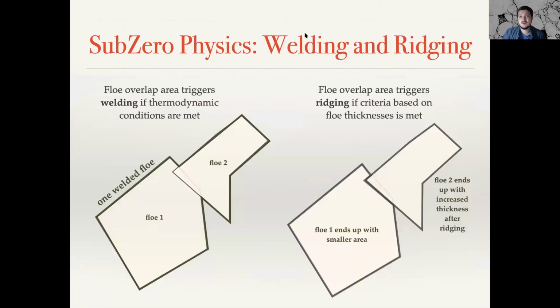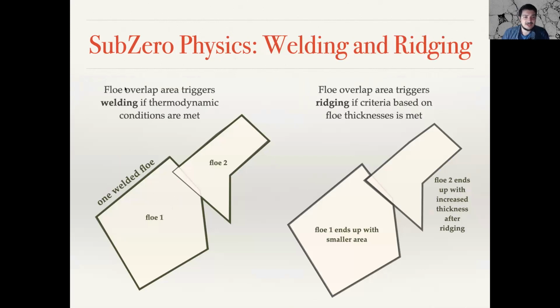All right, so I better speed up because this talk is getting long. So the SubZero physics involves also welding and ridging. Those are done, again, not at the bond level. We don't have bonds in the model, but it is done at probabilistic interaction rules between polygons.